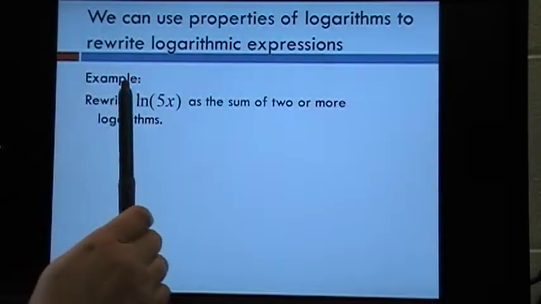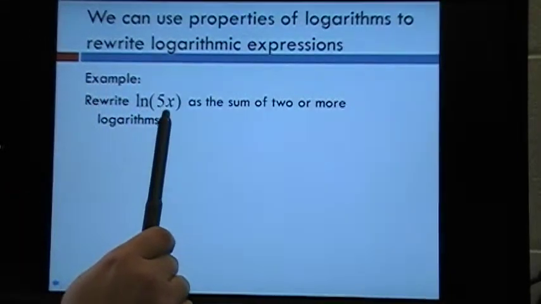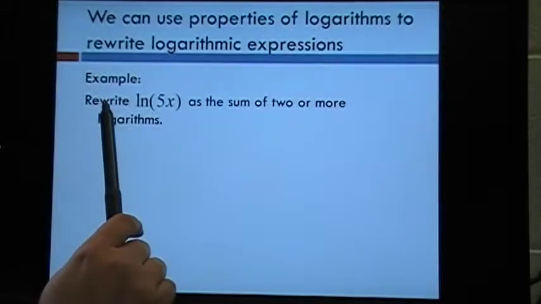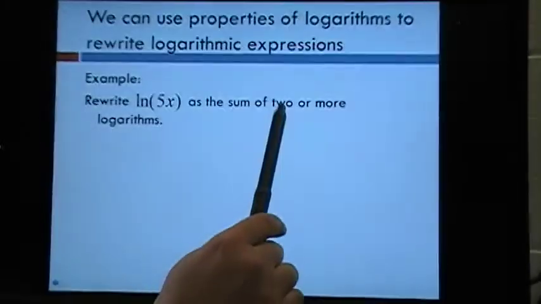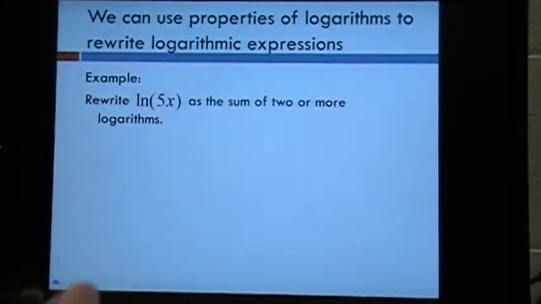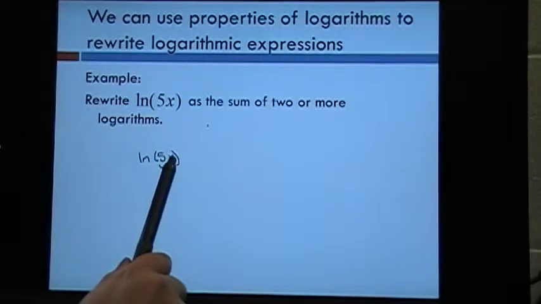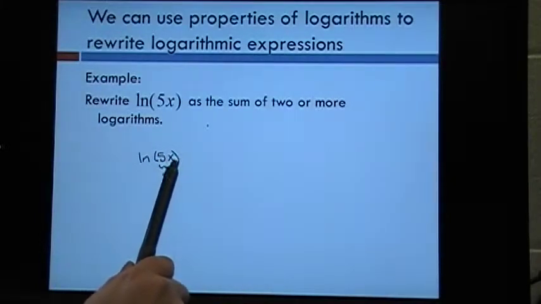Okay, here we've got the natural log of 5x, and we want to rewrite it as the sum of two or more logs. So I want to take this single logarithm and split it up so that I have two or more. How I'm going to split it depends on the operation in the argument. Within the argument, this 5x is the same thing as 5 times x.